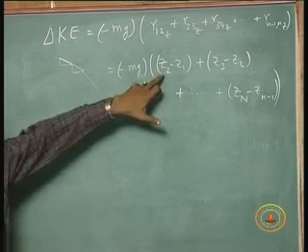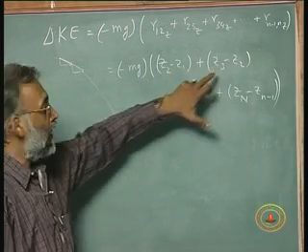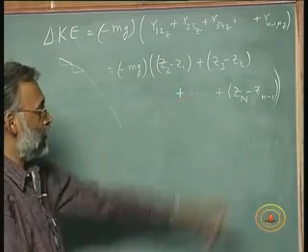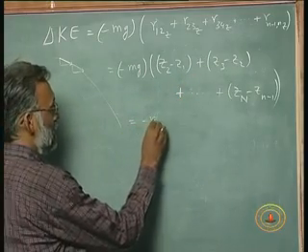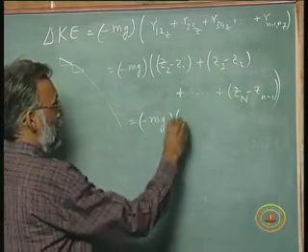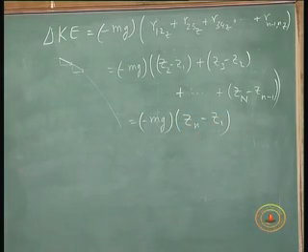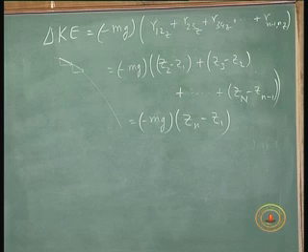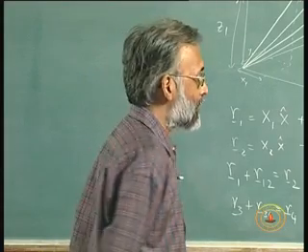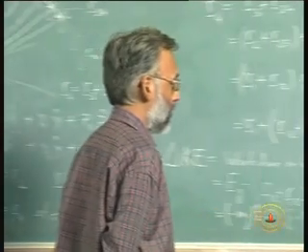And you can see that the z2 will cancel out and the z3 will cancel out, and so on and so forth. So, you are left with minus mg into zn minus z1, which tells us what we already knew, which is that when an object falls some distance, the gain in kinetic energy is nothing but mg times the distance it falls.